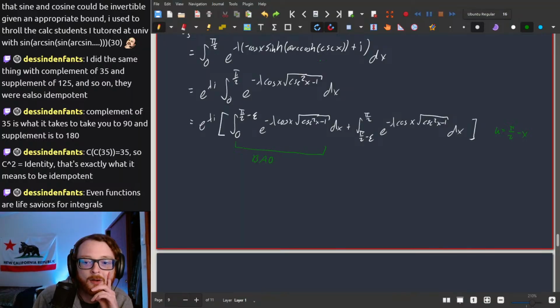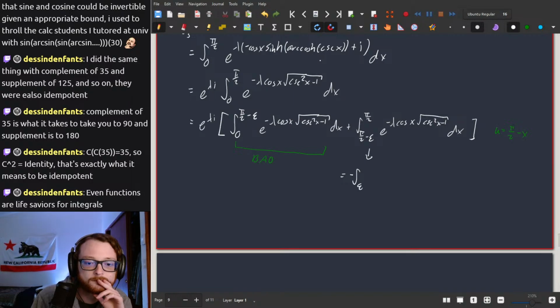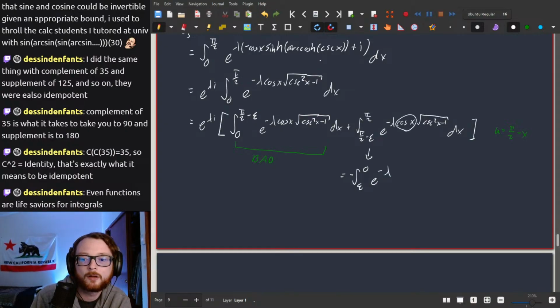When x is pi over 2 minus epsilon, u is epsilon.